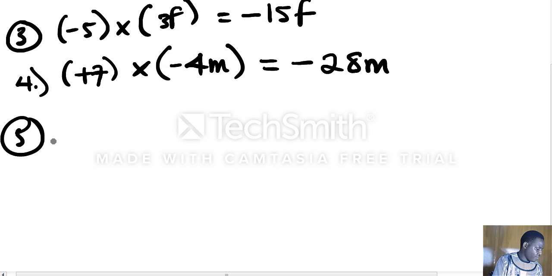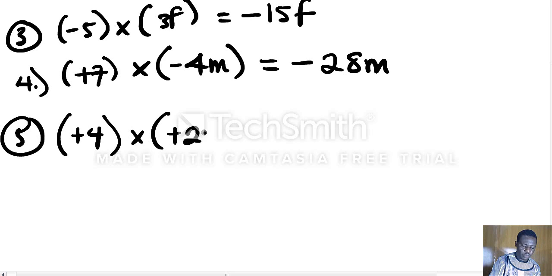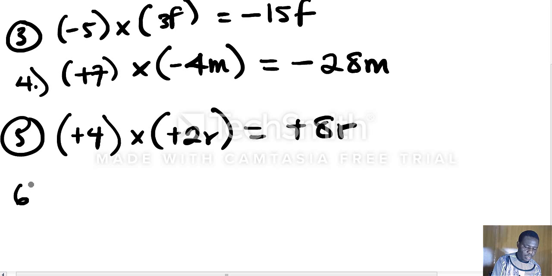Number 5, positive 4 times positive 2r, which is equal to positive 8r.